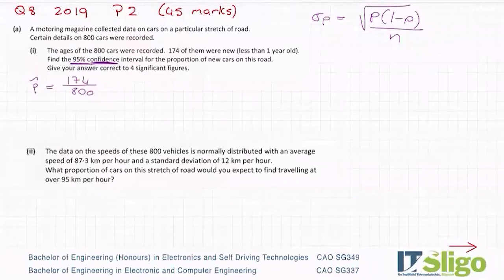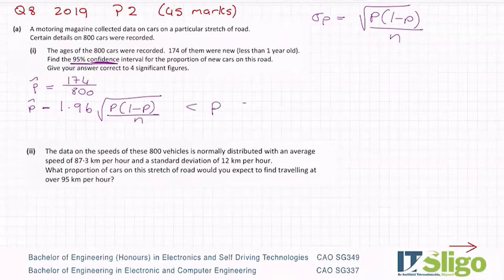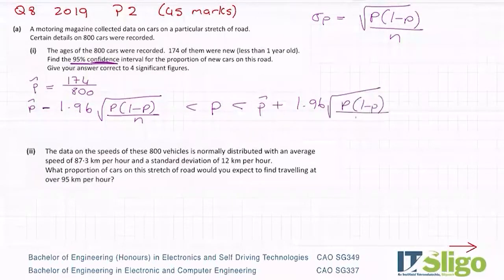So what we're going to do is p hat minus 1.96, because 1.96 is the z-score equivalent for 95%, times the square root of p times 1 minus p over n, is less than p, the population, is less than p hat plus 1.96 times the square root of p times 1 minus p over n. Okay, so your p hat is your 174 over 800.